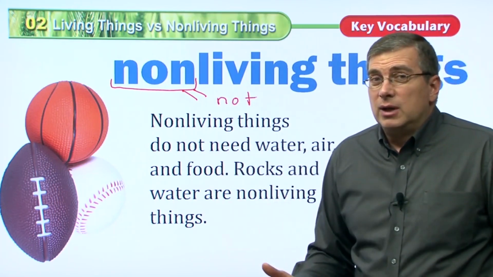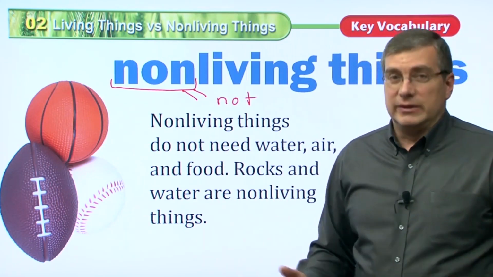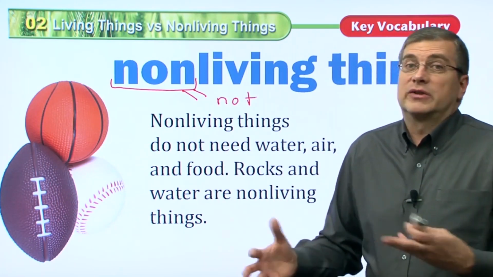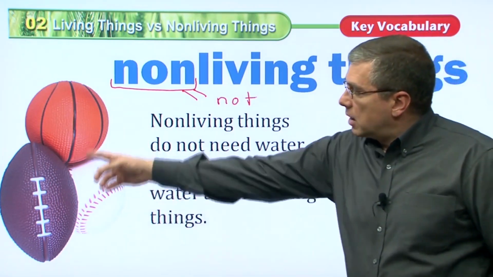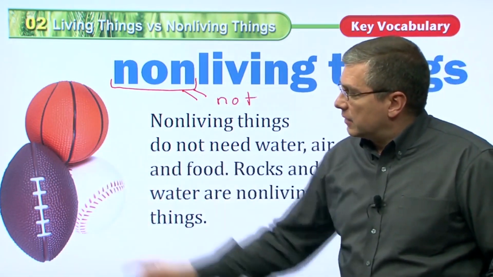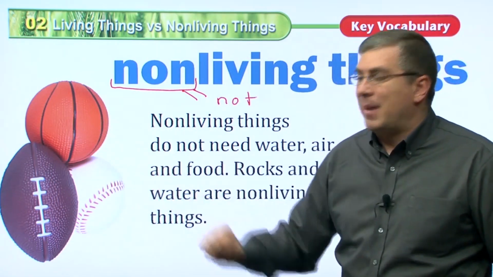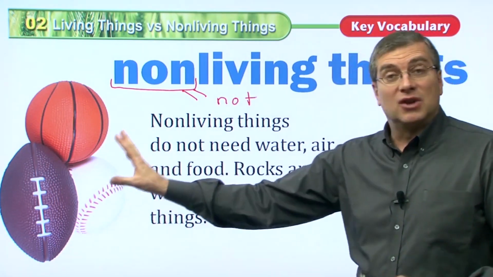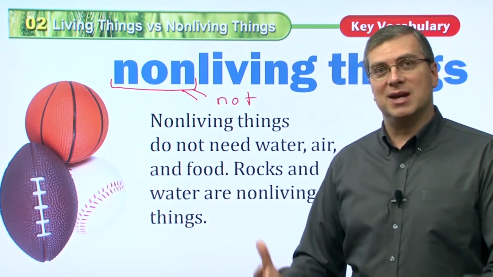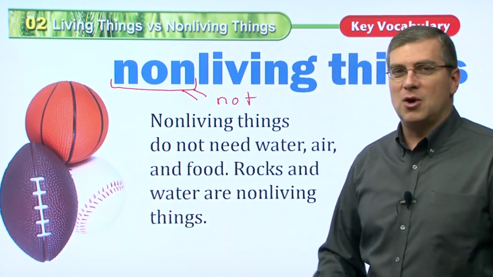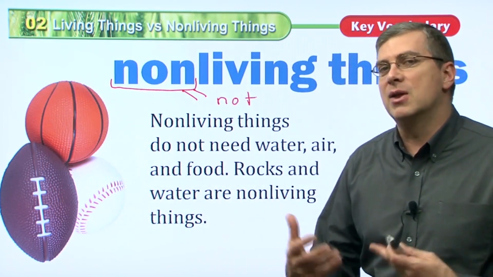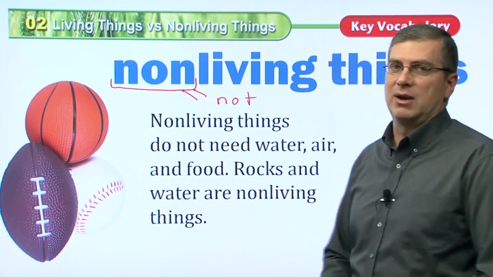They're not alive, right? They don't have bodies, right? They don't have parts that move, right? These are other examples of non-living things. A football, a basketball, a baseball. Those things are not alive, right? They don't live. They don't breathe. They don't reproduce. They are not living things. They are non-living things.